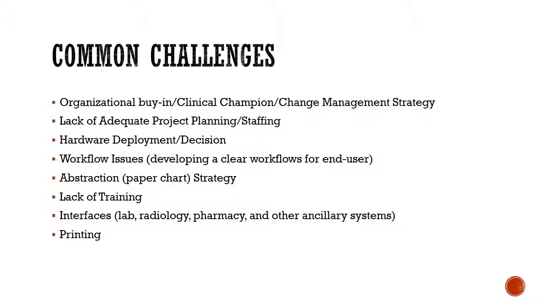We also touched on this earlier in terms of abstraction and paper chart strategy. Make sure you've determined what information needs to be abstracted from the legacy systems. If it's not going to be some sort of data migration, if it's going to be manual, make sure you have adequate staffing in place to make sure that happens, and that you're not trying to go live without doing this abstraction.